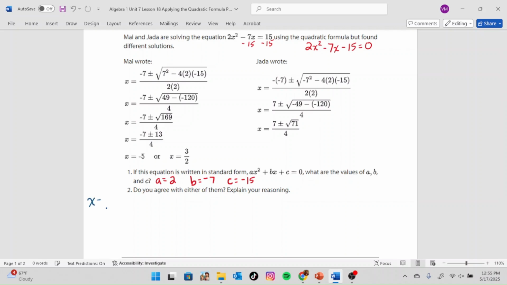The formula is x equals negative b, which is negative 7, plus or minus the square root of b, which is negative 7 squared, minus 4 times a, which is 2, times c, which is negative 15.